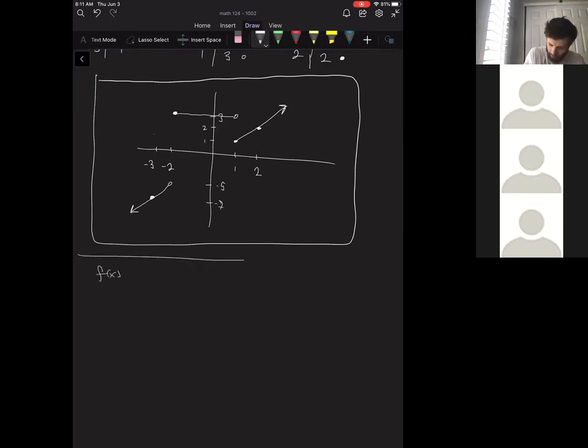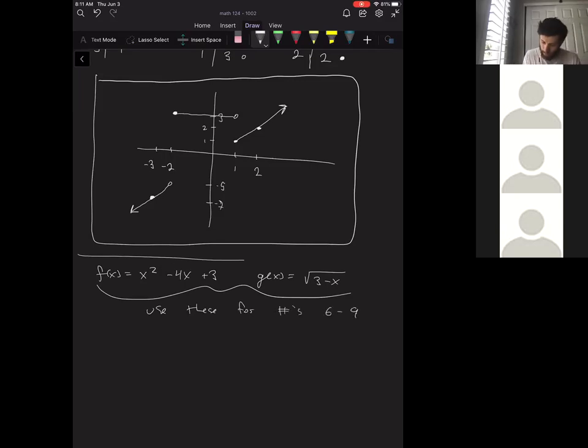So f of x is equal to x squared minus 4x plus 3. And g of x is equal to the square root of 3 minus x. So let's make a little note of this: use these for numbers 6 through 9.